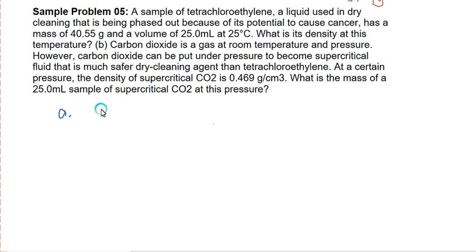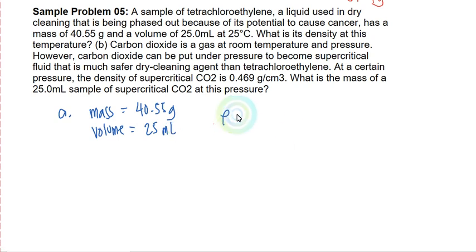Iya nga mass, given naman, mass niya is 40.55 grams. Next, given man sa ato ang volume which is equal to 25 ml. Next, ang ginapangita sa aton is density.